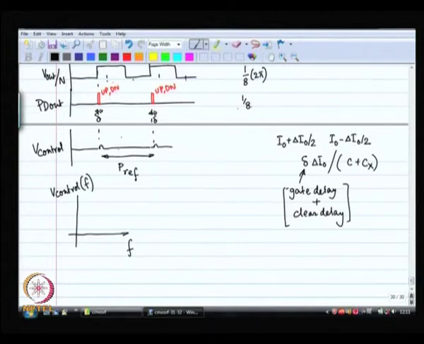Unfortunately, V control is not a constant voltage. V control has some periodicity with frequency f. So, V control has a large DC component, which is what you wanted. It also has periodicity with repetition rate, f ref.